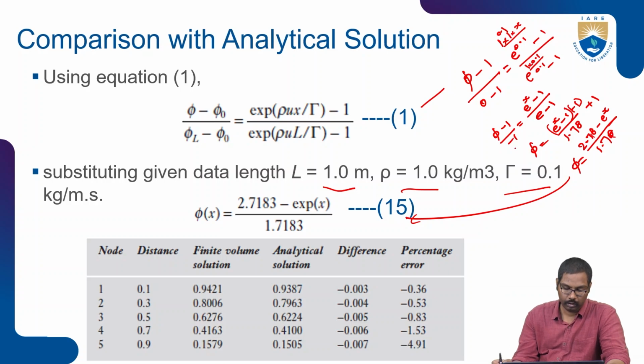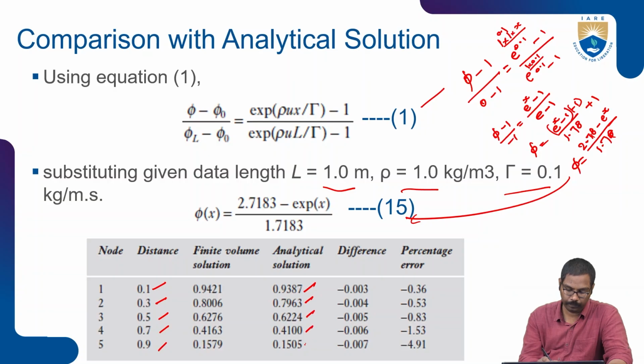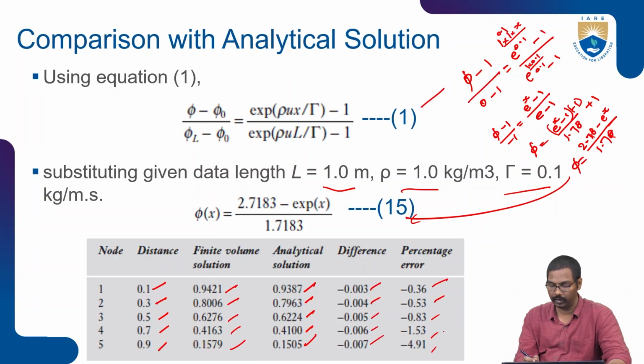Substituting x distances 0.1, 0.3, 0.5, 0.7, 0.9, we are going to get the analytical solution. We have to take exponential of 0.1, exponential of 0.3, 0.5, 0.7 like that. These are the finite volume solutions. The difference is given and the percentage of error is given.